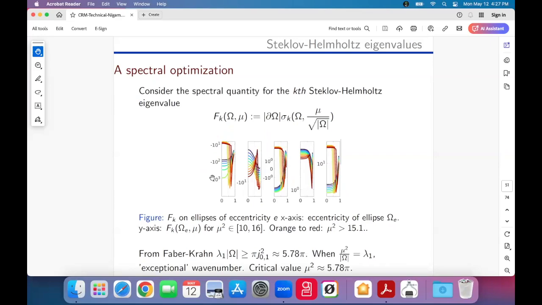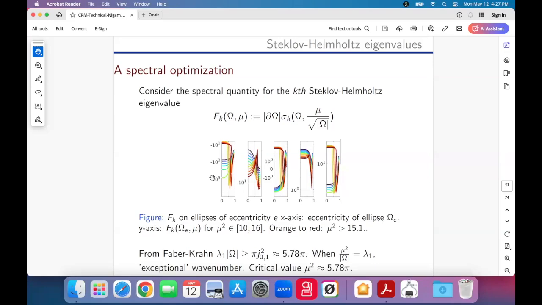When I double the domain, the size of the interior Dirichlet eigenvalues changes, so I factor that out by changing the wave number. And then I want to keep the overall eigenvalue scale invariant, so I have to multiply by, say, the perimeter.